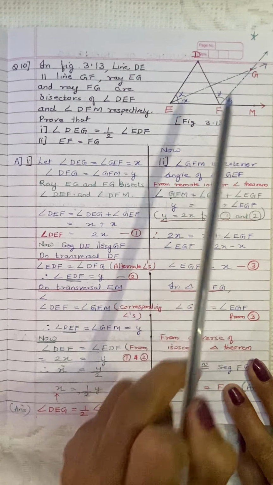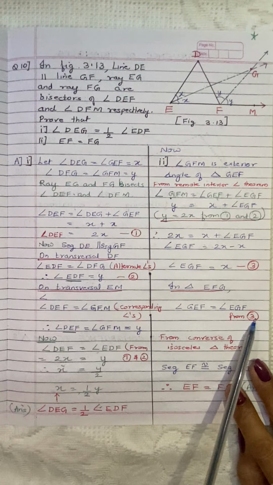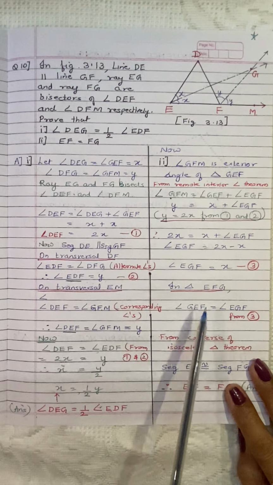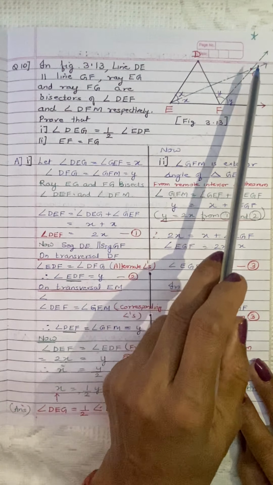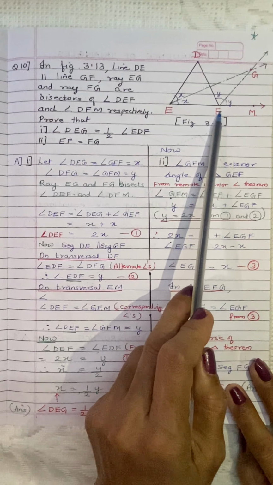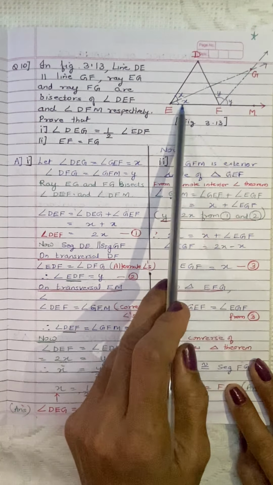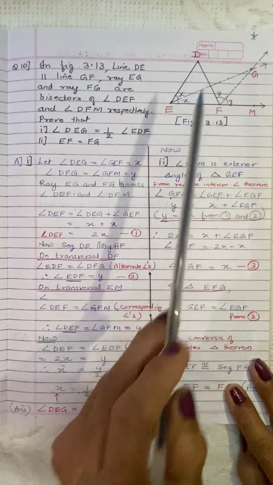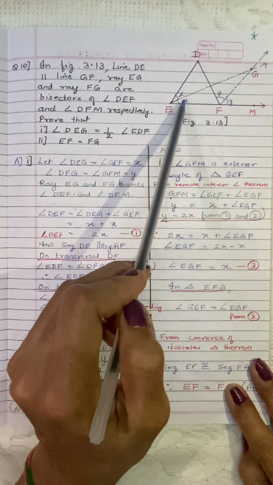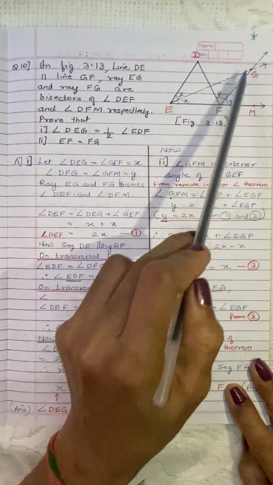Now in triangle EFG, from 3, angle GEF is equal to EGF. Both these are equal. We have got EGF as x, and this is also x. So both these angles are equal.